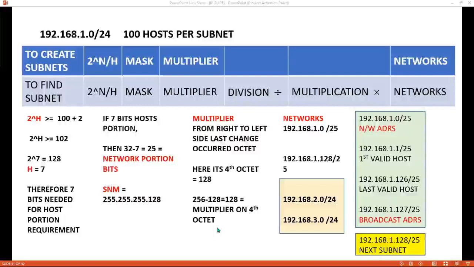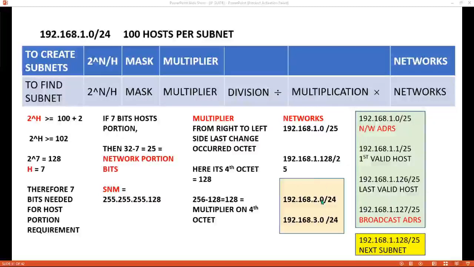So you can write the networks as 192.168.1.0/25 now, after our subnetting. The next network is going to be increased by 128 in the 4th octet, which is 192.168.1.128/25 again. Which represents /25 here, you can note down.